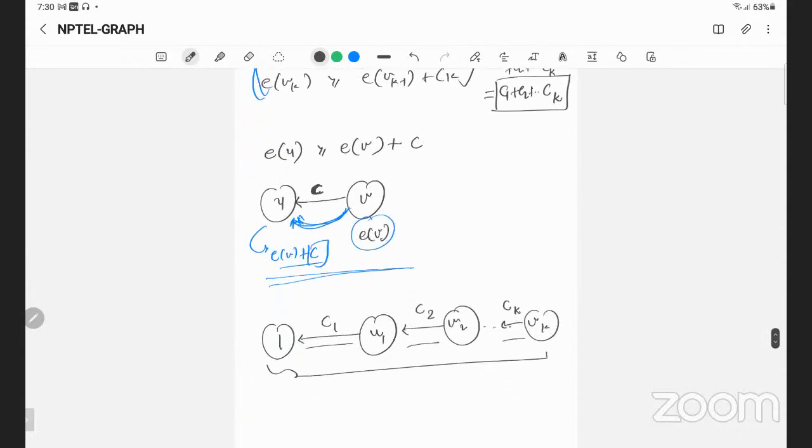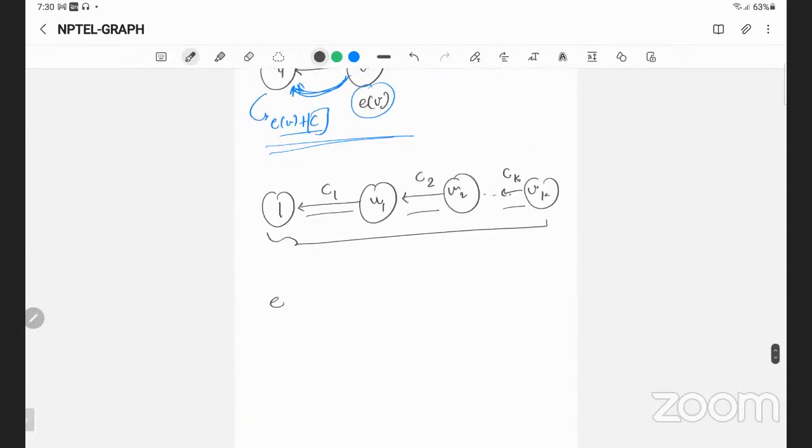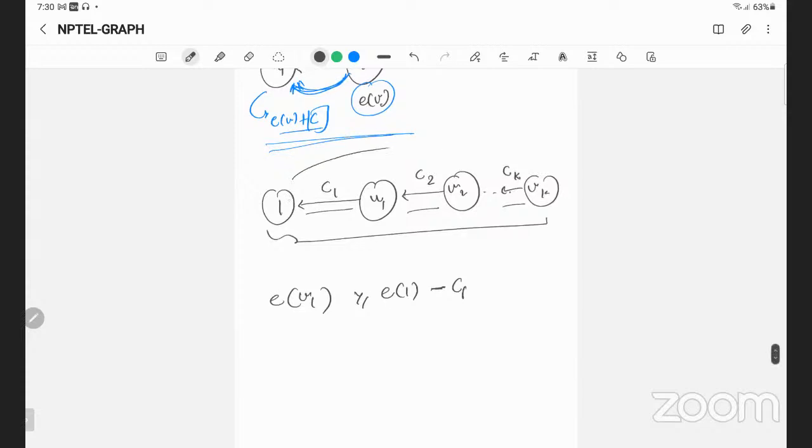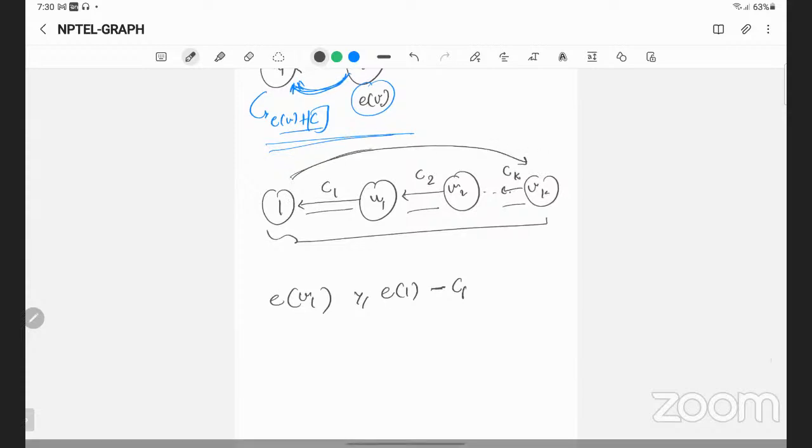Let's say we write this inequality in this way: EV1 is greater than or equal to E1 minus C1. So I just want to find a path from vertex 1 to Vk, which gives me the lower bound on the value of Vk, right?